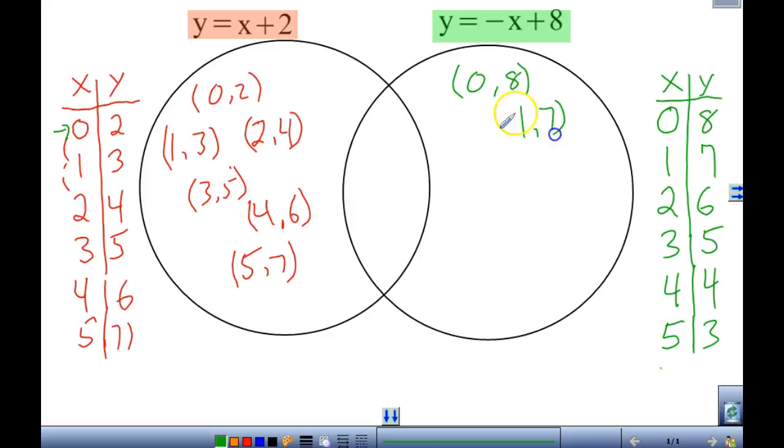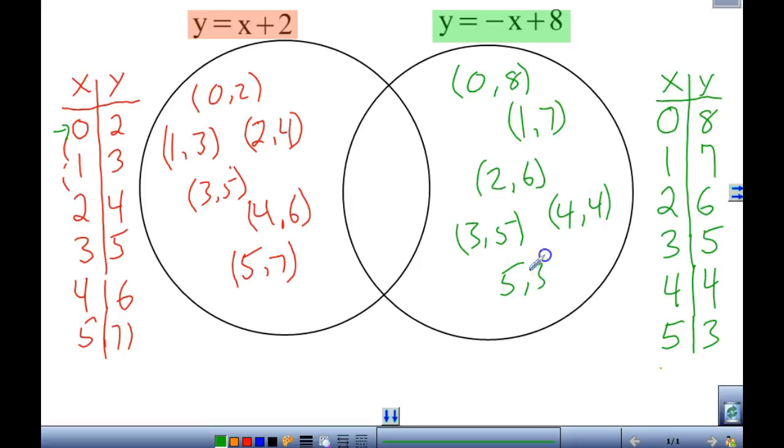So we can write those in as well. So these points right here, are they all unique just to their respective graphs, or do any overlap? Do they have anything in common? Do you see any that are the same in both?